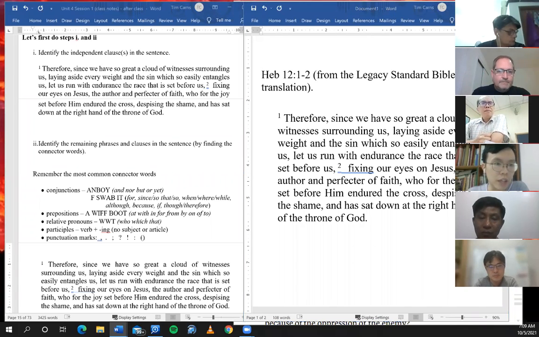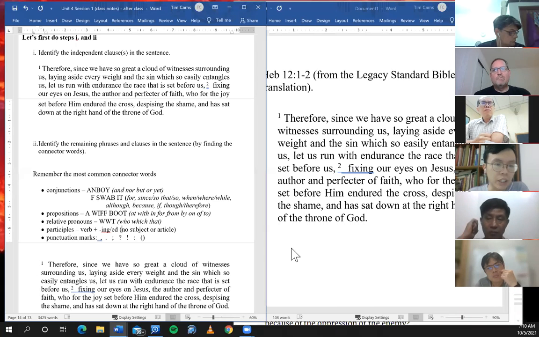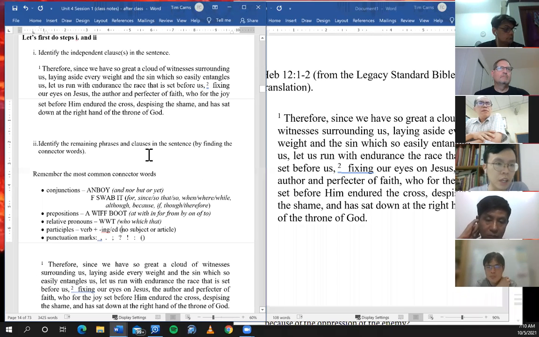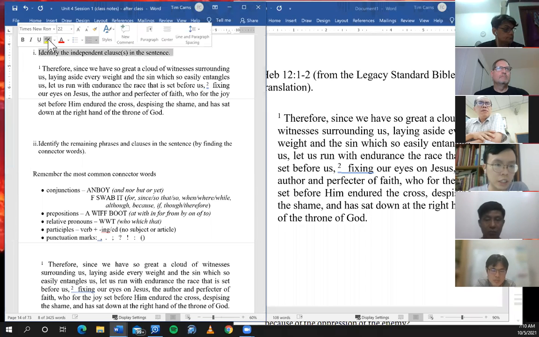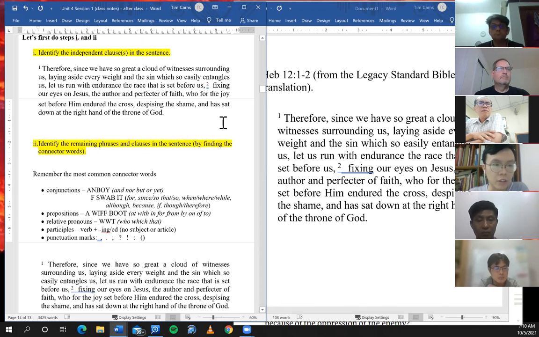Therefore, since we have so great a crowd of witnesses surrounding us, laying aside every weight and the sin which so easily entangles us, let us run with endurance the race that is set before us, fixing our eyes on Jesus, the author and perfecter of faith, who for the joy set before him endured the cross, despising the shame, and has sat down at the right hand of the throne of God.